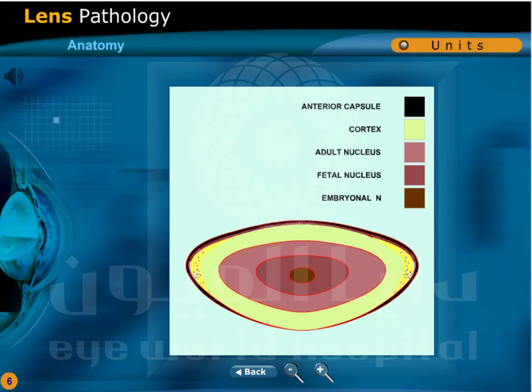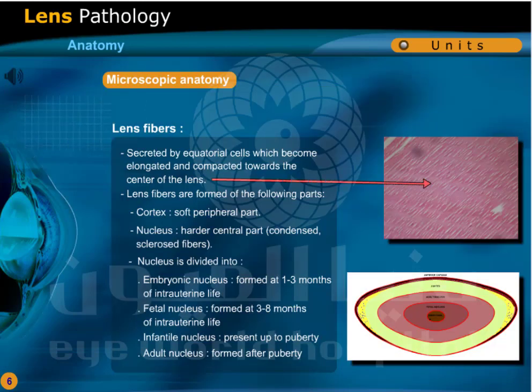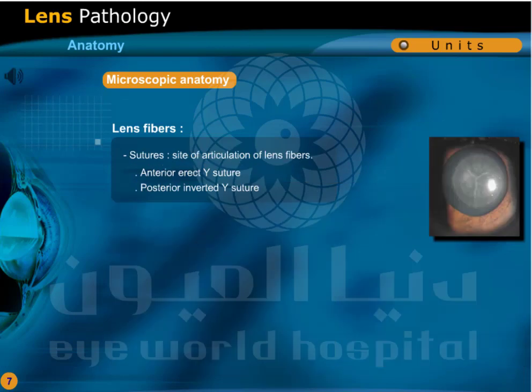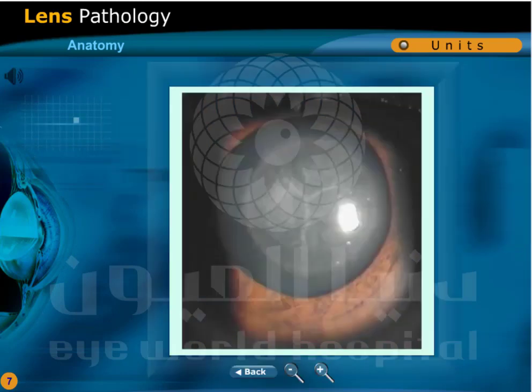The nucleus is divided into embryonic nucleus, formed at 1 to 3 months of intrauterine life, fetal nucleus, formed at 3 to 8 months of intrauterine life, infantile nucleus, present up to puberty, and adult nucleus, formed after puberty. The sutures are the sites of articulation of lens fibers: anterior erect Y suture and posterior inverted Y suture.